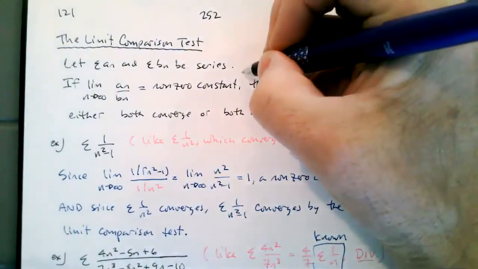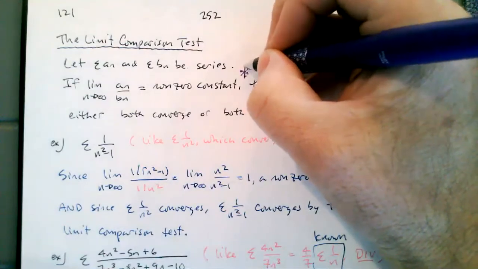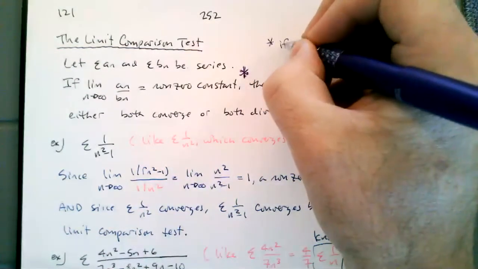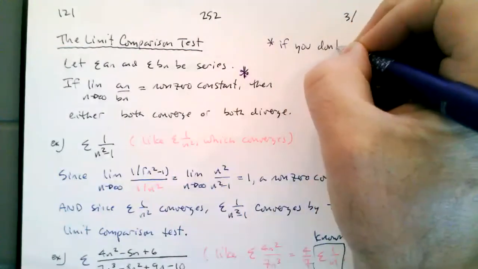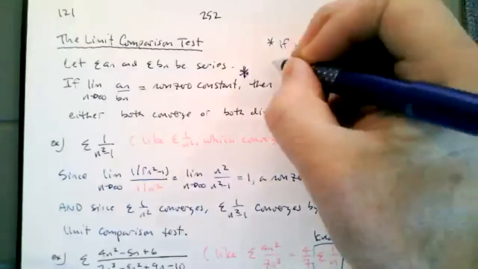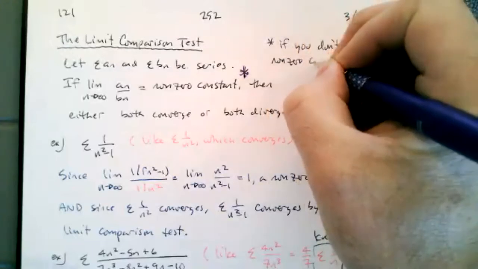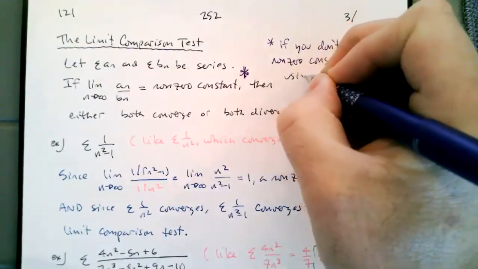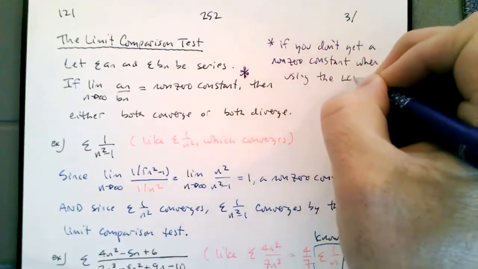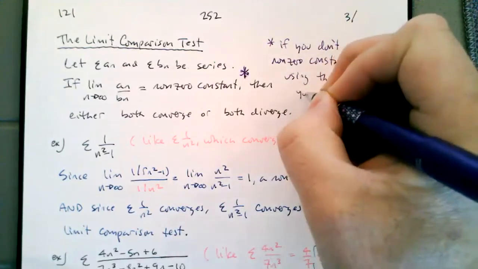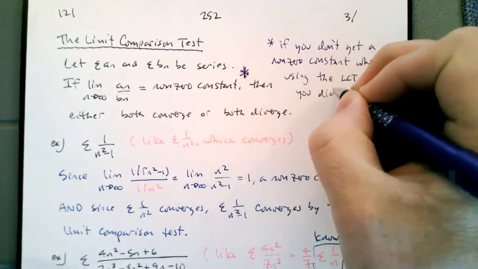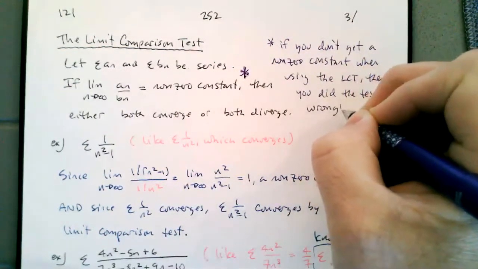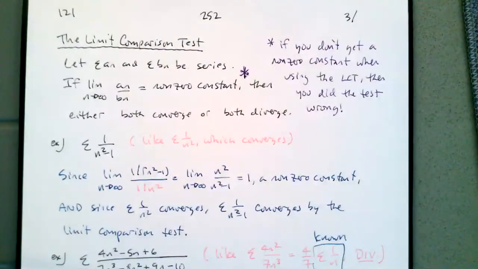So if you do this part here and you don't get a non-zero constant, then you did the test wrong. And that means you get to make no conclusions.